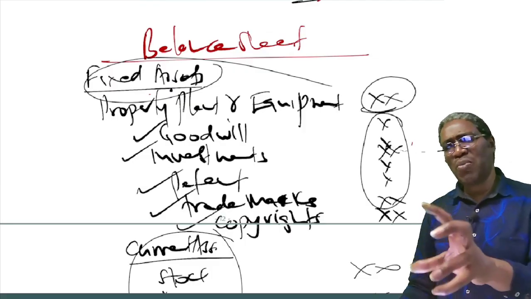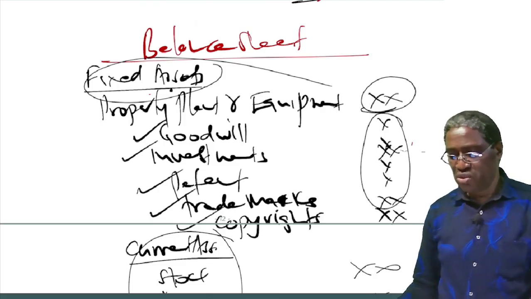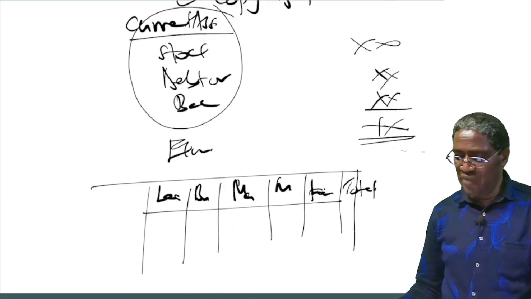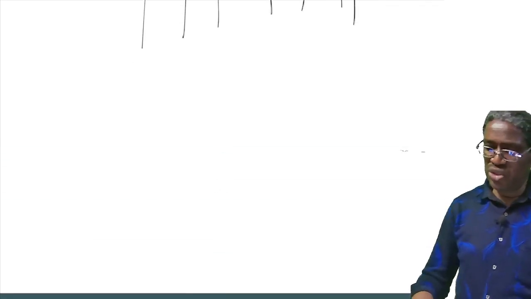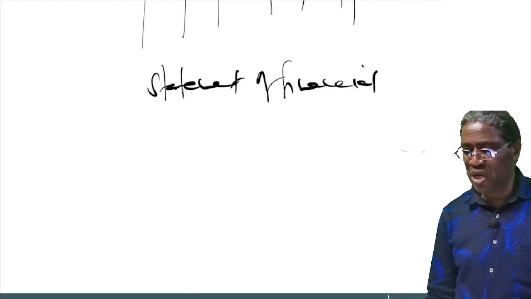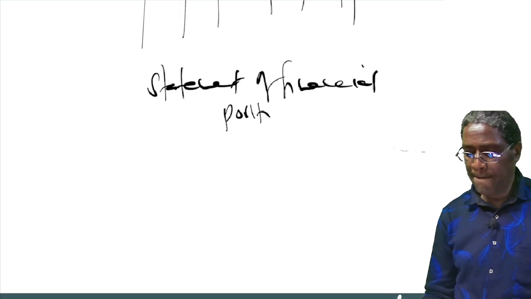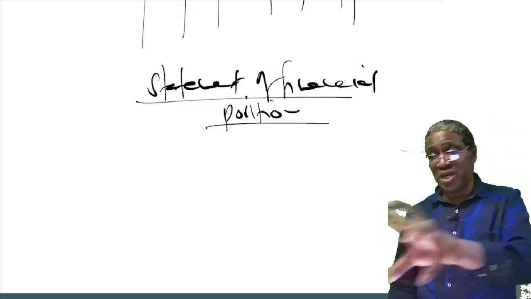So I think we can now put down one statement to represent that information. Have it as a subheading: statement of financial position. We are not putting down the format, we're just putting down that paragraph information.